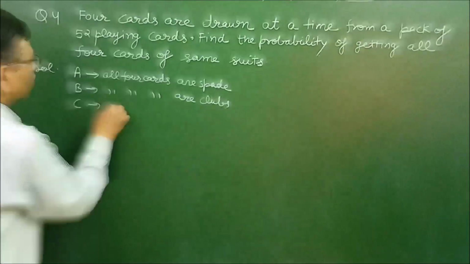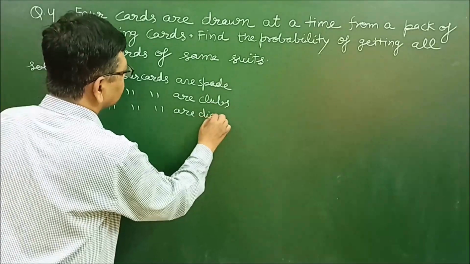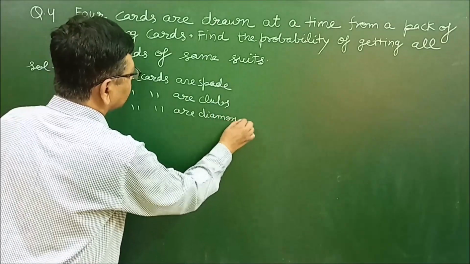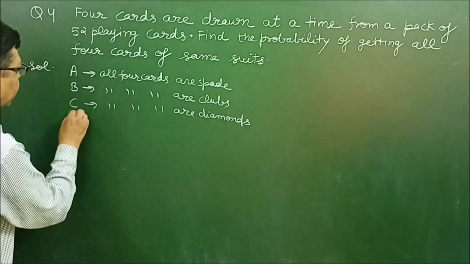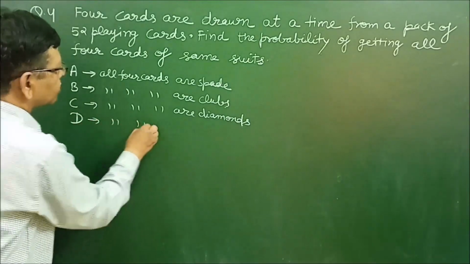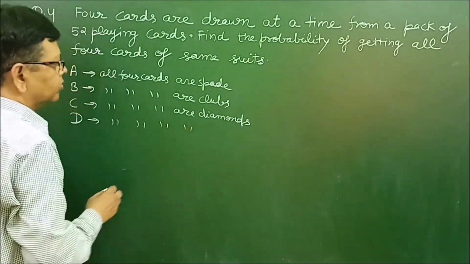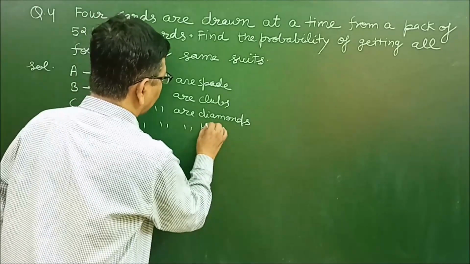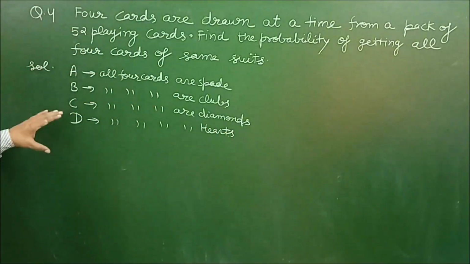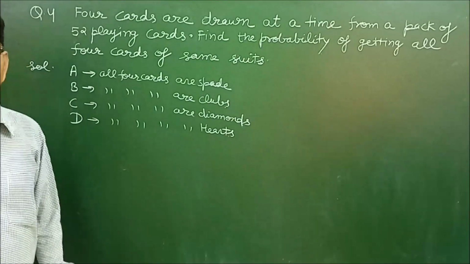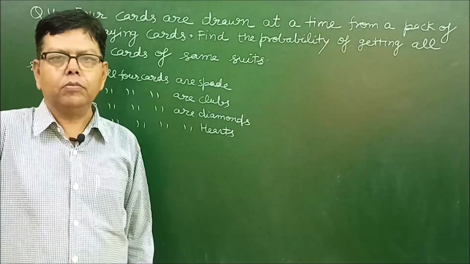C, all 4 cards are diamond. D, all 4 cards are hearts. So these are the 4 events associated with this problem.